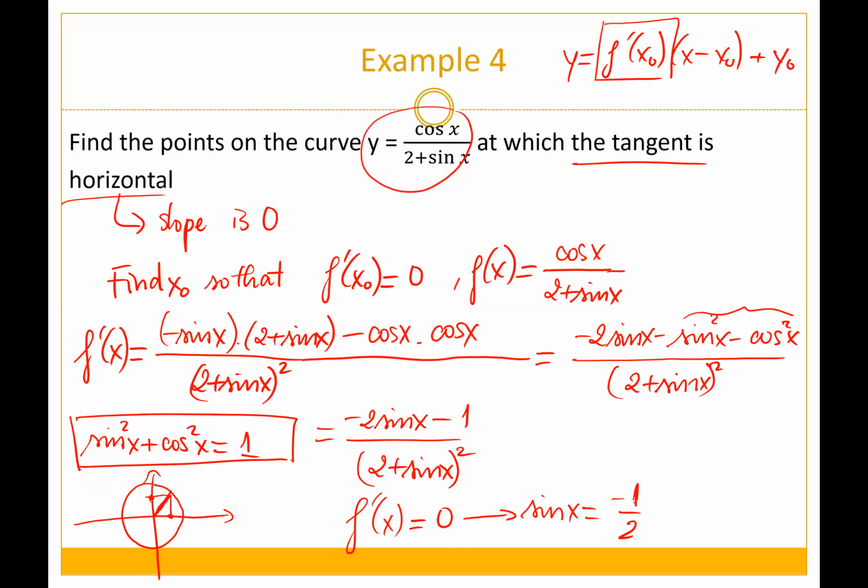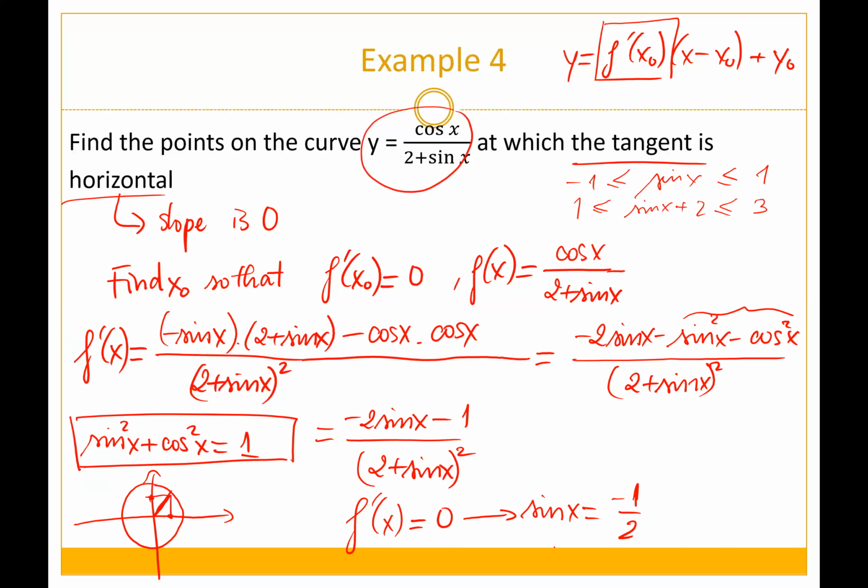One thing to note is that you don't have to worry about the denominator, or where f prime of x is not differentiable, because sine x is always bounded between negative 1 and 1. So when you add 2, the denominator is always positive, and always different from 0.